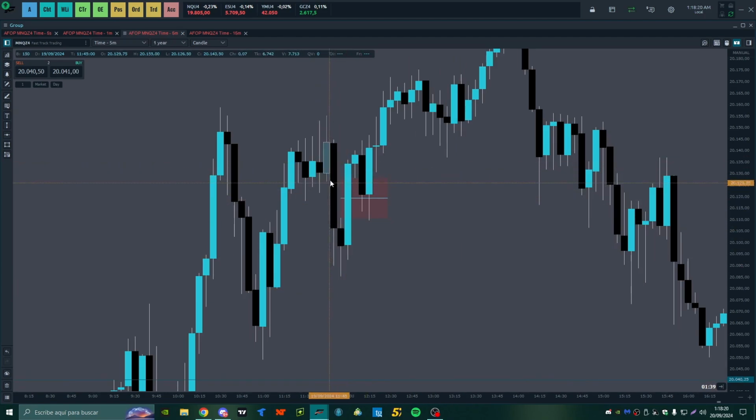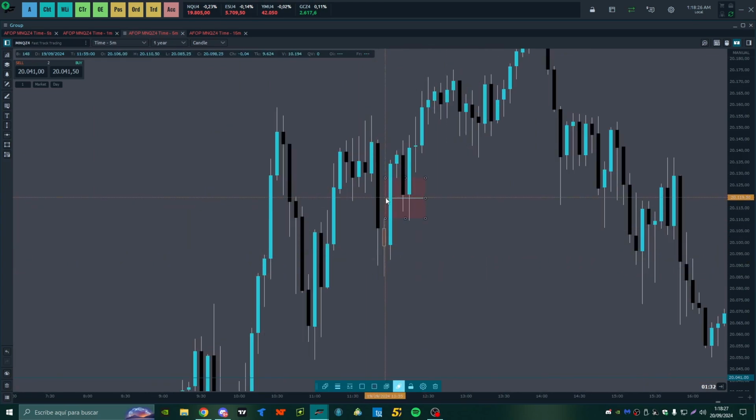So the moment I close that, this is how I read an inversion fair value.